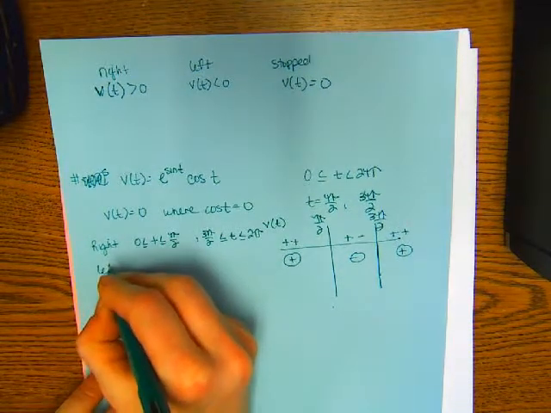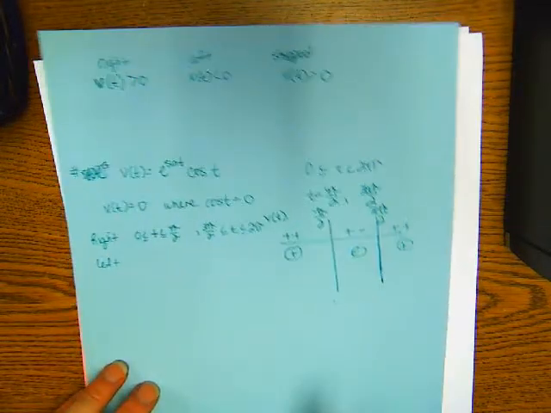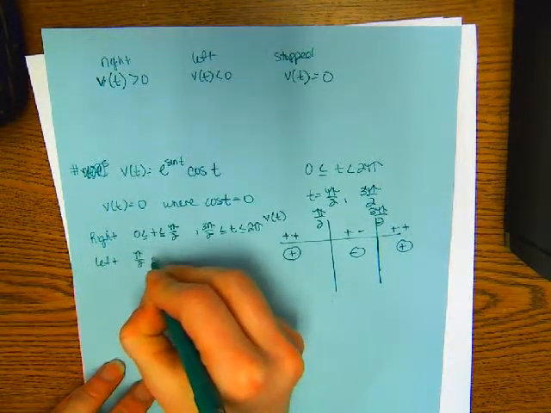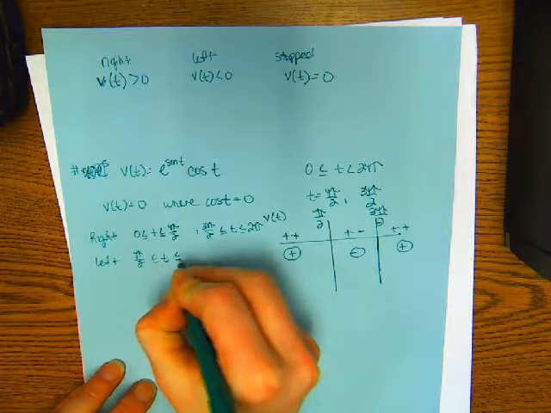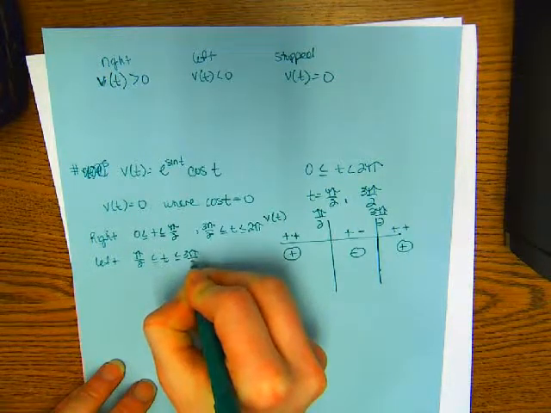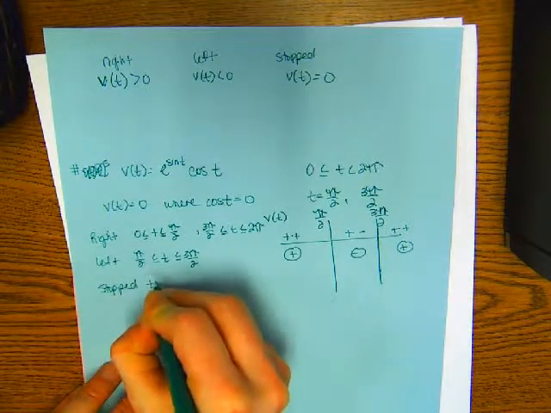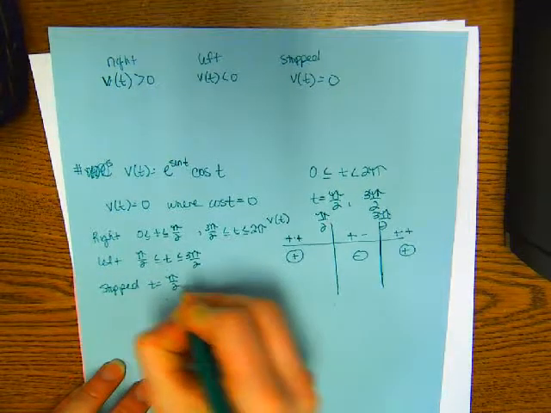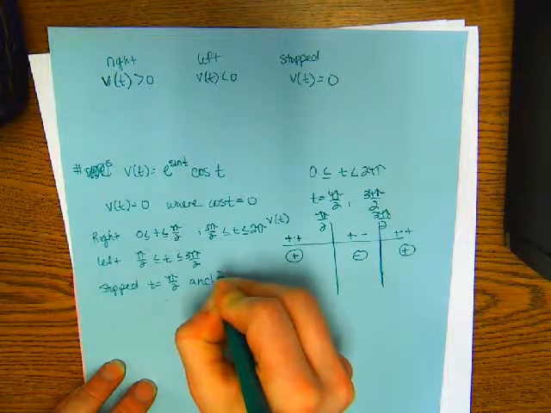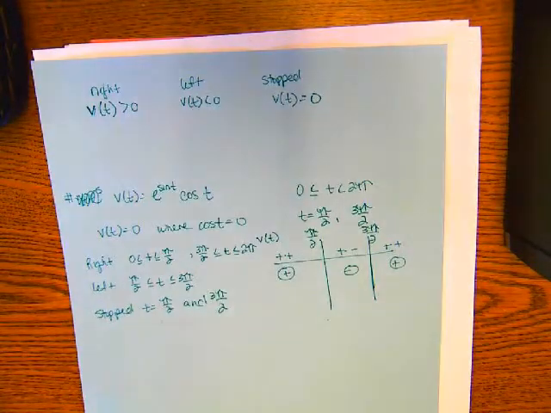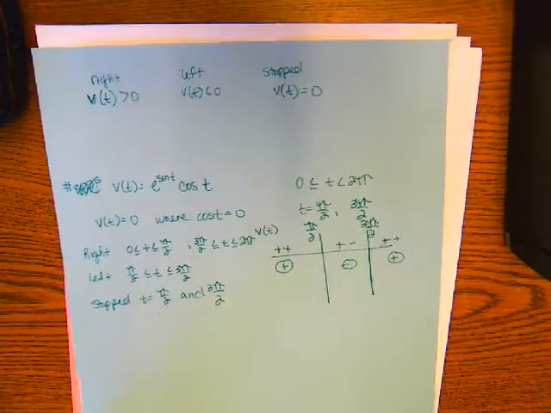It is moving to the left from pi halves to 3 pi halves. And stopped when t equals pi halves and 3 pi halves seconds. Okay, do you see how I did that with no use of the graph at all? That was kind of the expectation there.